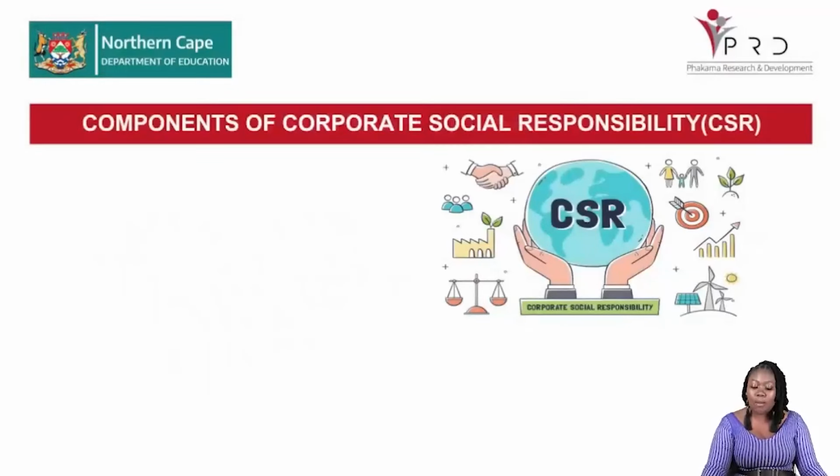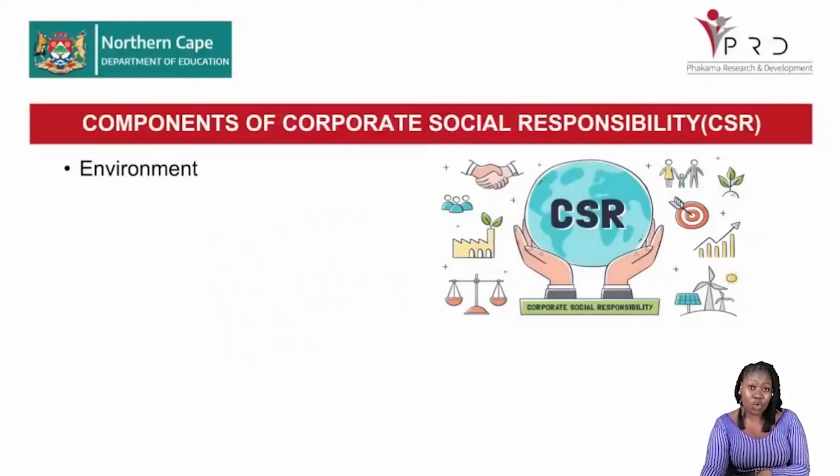Okay, now let's look at the components of CSR. The first component is the environment. So let's go back a little bit. What is a component? When we say a component, basically we mean what should CSR consist of? Meaning that as a business, when you want to engage in CSR activities, what is it that you need to focus on? So you can focus on the environment.